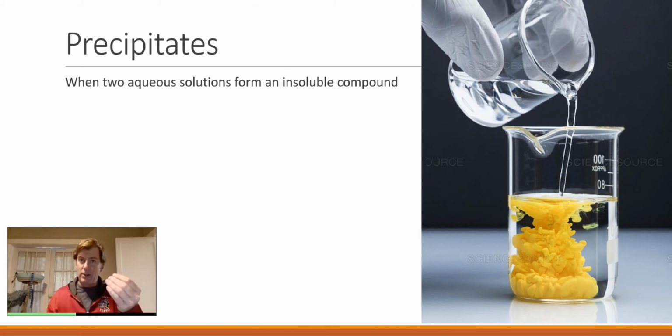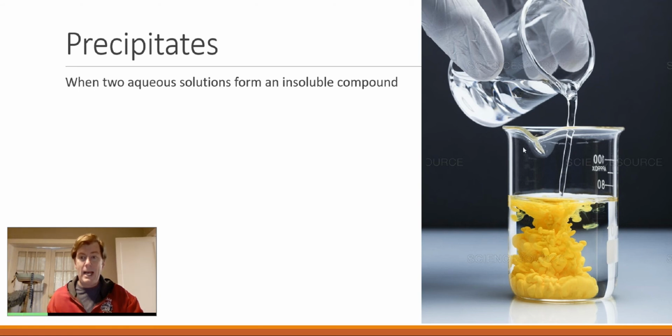It may have a color, like a lot of copper solutions are bluish in color, and irons are orangish in color. But most of them are going to be clear. And we can see in this bottom beaker, it was a clear solution there. But where they meet up, it's turning this brilliant yellow color. And so that means that the combination of these made a combination down here that is not soluble in water.